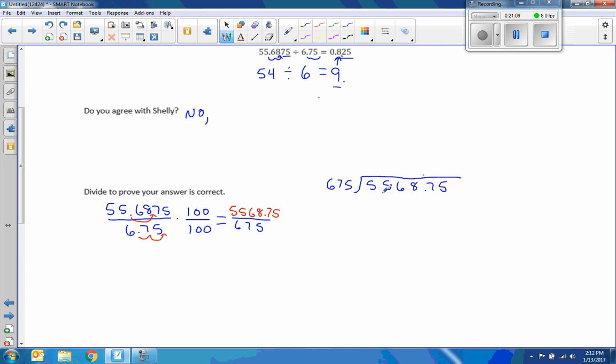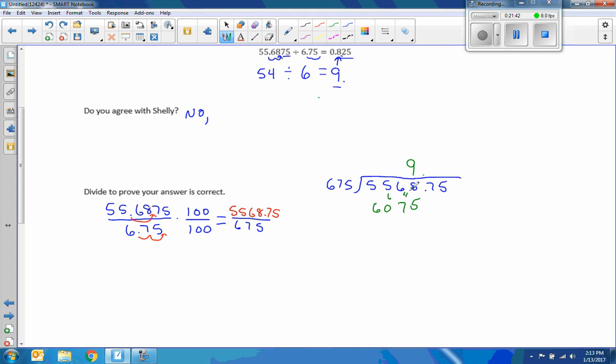So this is less than these first 3 digits, so I will not get a tens value, so my answer is going to start in the ones value. My estimate was 9, so let's try that. 9 times 5 is 45. Don't forget your 4 to carry. 9 times 7 is 63, plus that 4 is 67. Don't forget to carry your 6. 9 times 6 is 54, plus 6 is 60.